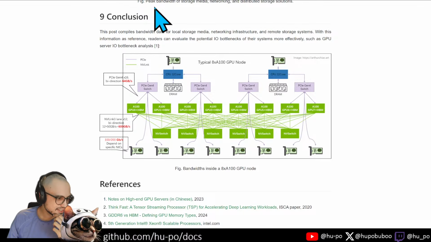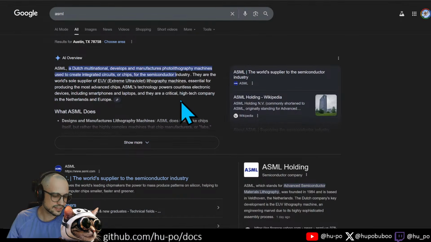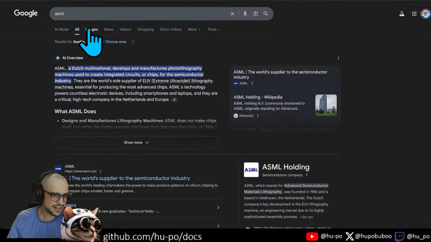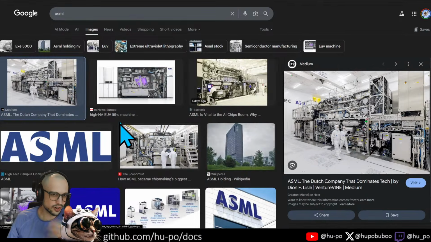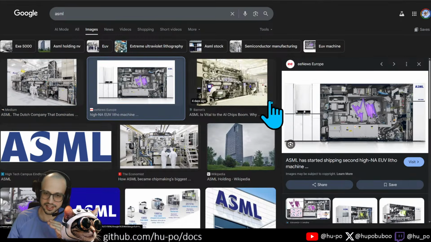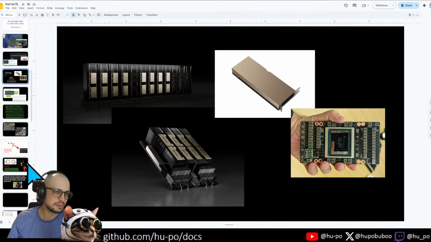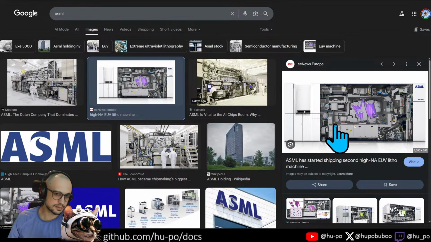Europe is second, and then the US last. I mean, people love to shit on Europe, but ASML is from Europe. Let's not forget that when it comes to the most dark magic of all the dark magic, ASML is the alien technology. This is the type of thing that nobody understands. There isn't a single human being on planet Earth that could build one of these ASML machines from scratch.